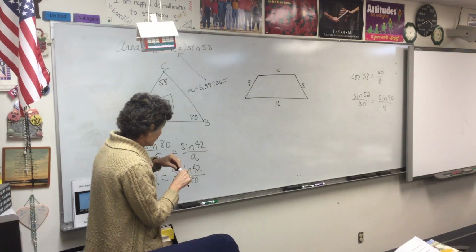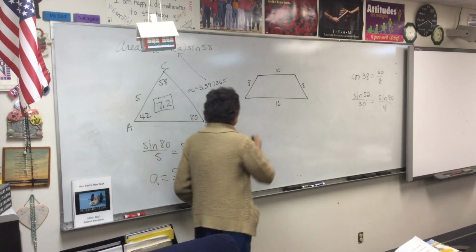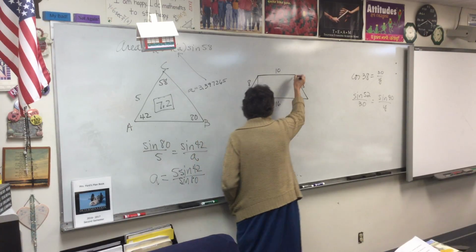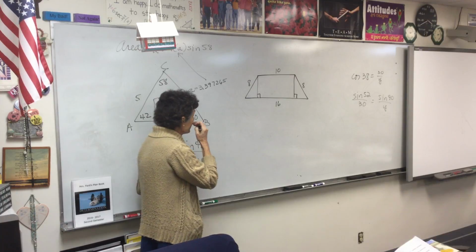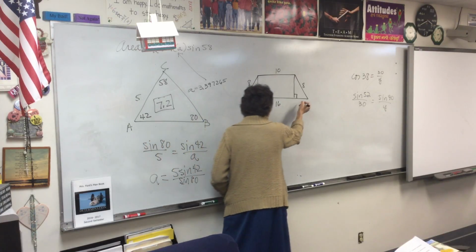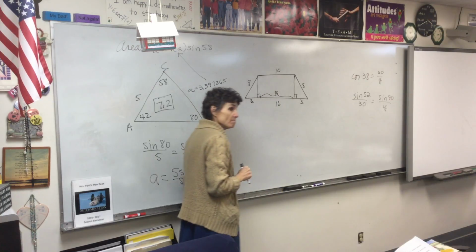My personal preference to finding the area of this thing is to drop a couple of perpendiculars. Since it is an isosceles trapezoid, I know that these two pieces are each going to be 3 because this one is 10.